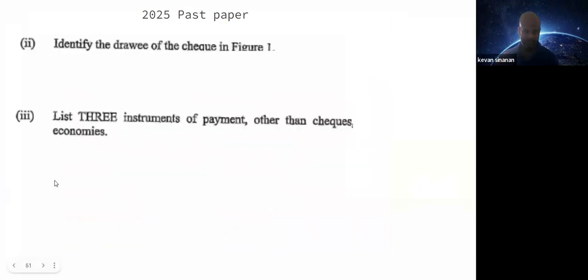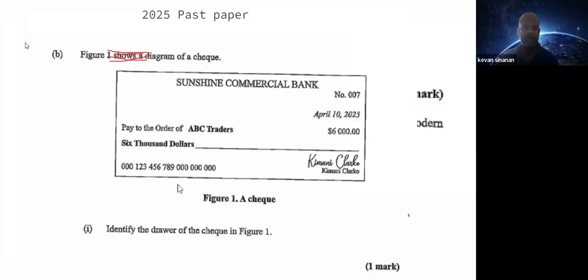Moving on, the second part of the question is, identify the drawee of the check. We went over what drawee and payee are. Let me go back to the diagram.